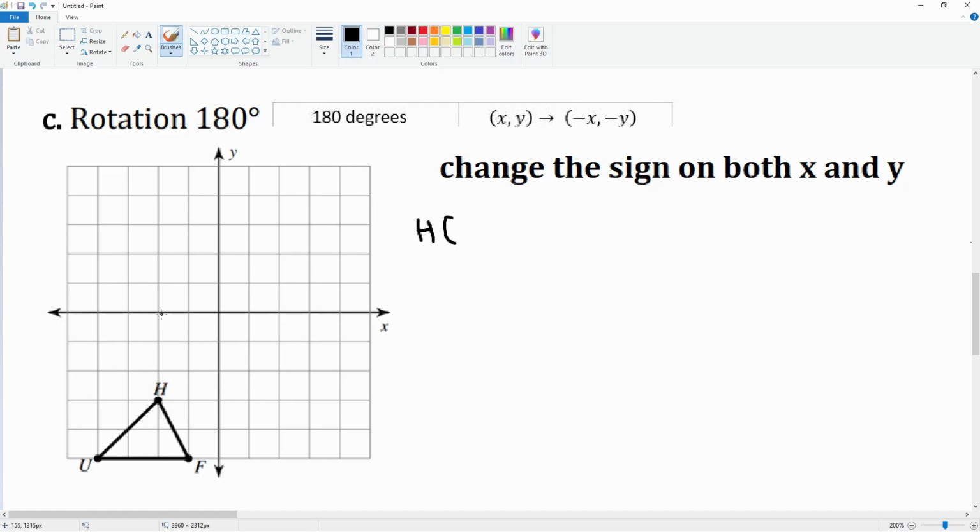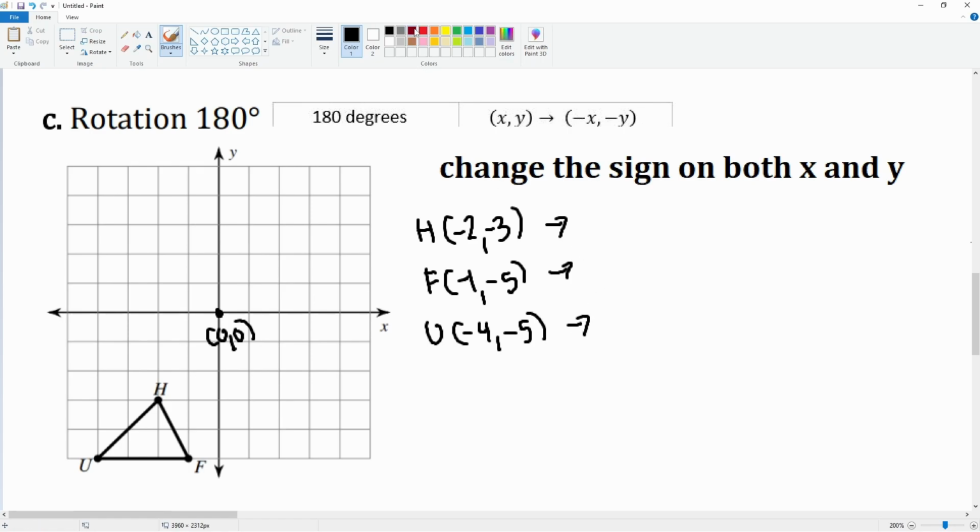H is -2, comma -3. F is -1, comma -5. U is -4, comma -5. All right. So these all undergo a rotation of 180.